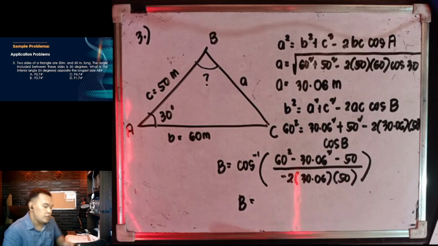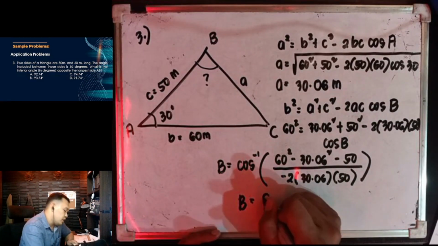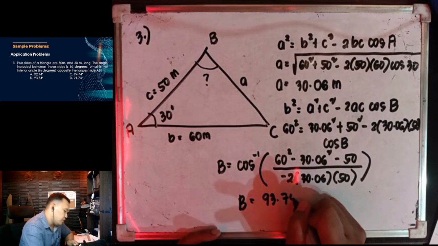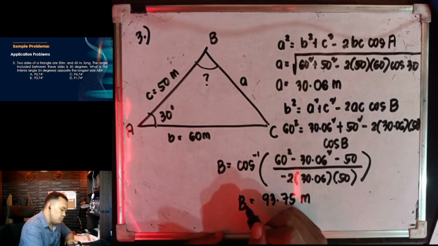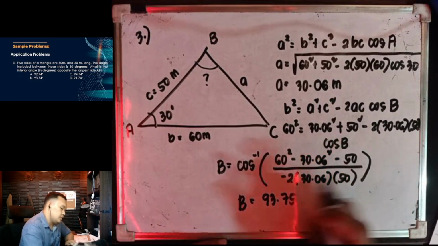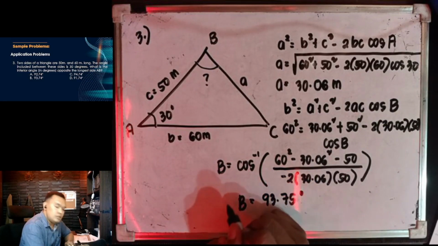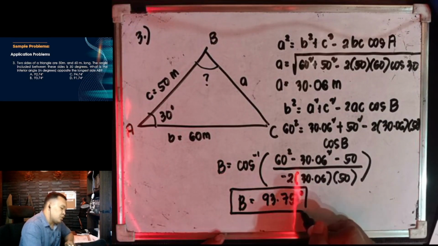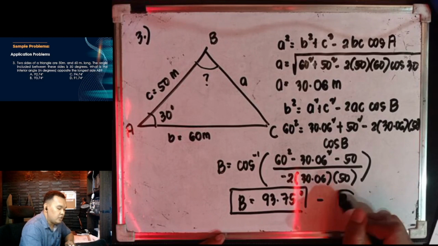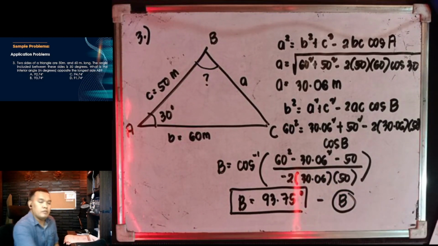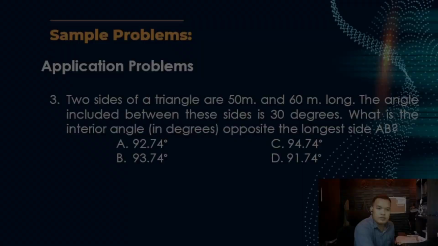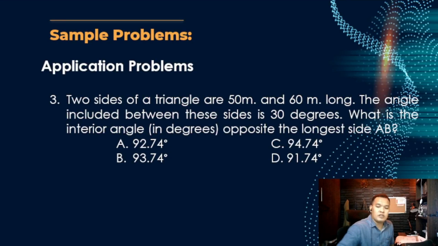So, we have here 93.75 degrees. Sa choices natin, siya ay sa letter B. So, check natin.